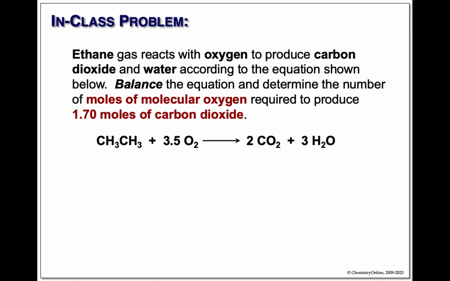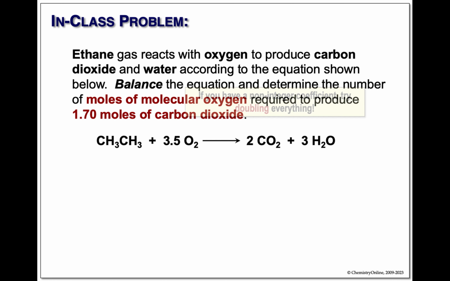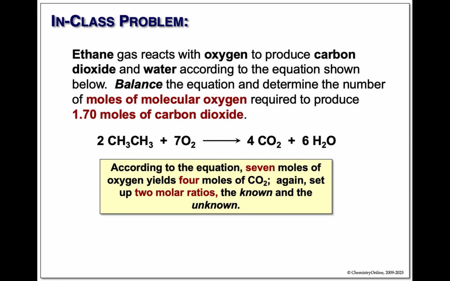If you find yourself with a non-integer, first thing to try is just double everything. So instead of 1 ethane, we have 2, we have 7 oxygens, 4 CO2s, and 6 waters. And that works. So that was part 1 of the question.